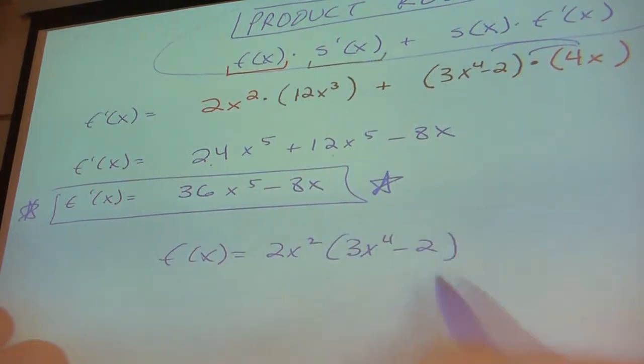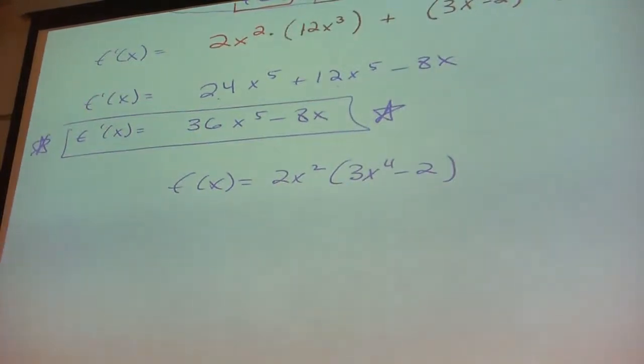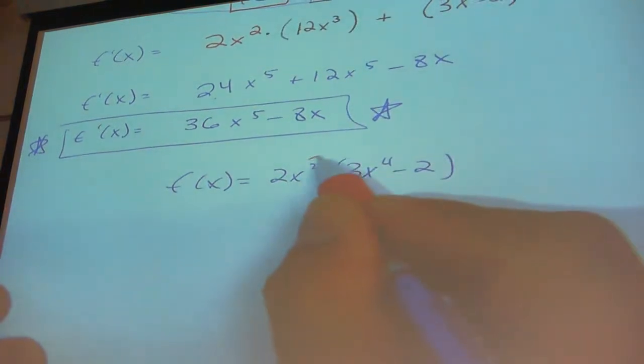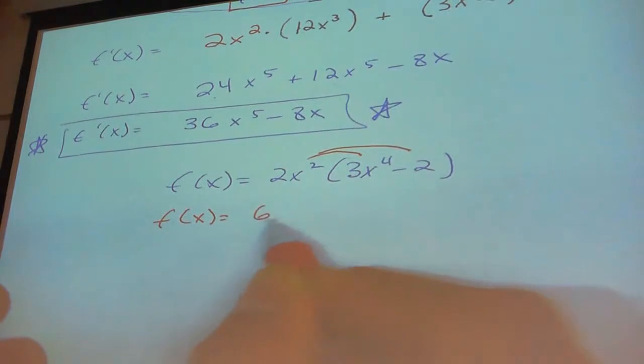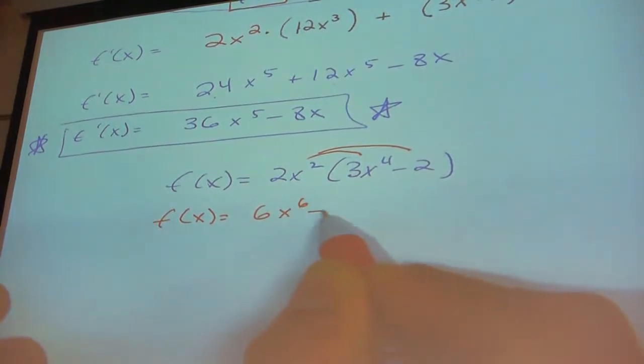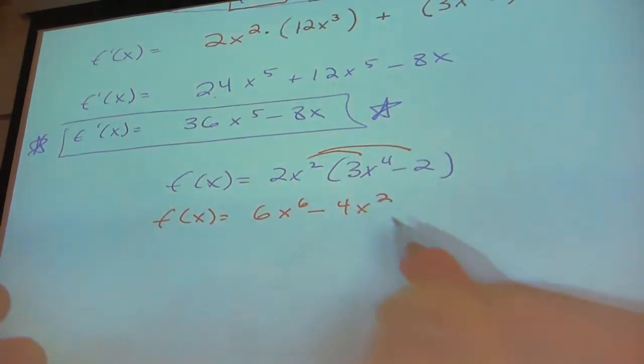And maybe somebody in the class was thinking, hey, that's a lot of work. Couldn't you simplify first? Didn't you tell us that if it looks weird, clean it up first and then take the derivative? Yeah, I could have sat here and rewritten it as 6x to the 6 minus 4x squared.